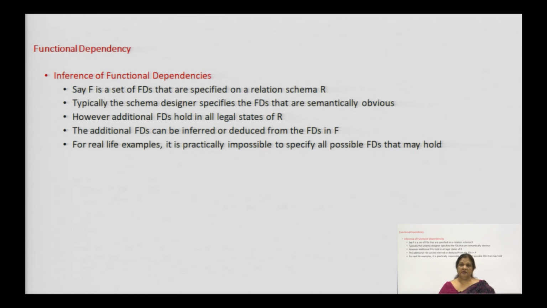Where will these come from? They can be inferred or deduced from the given set of functional dependencies. In real life examples, it is practically impossible to specify all the functional dependencies that may be present.